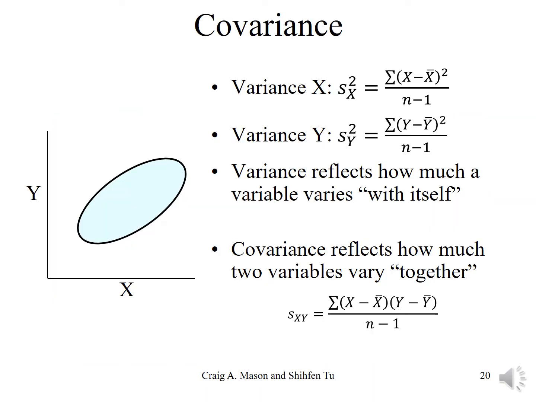Finally, notice that for variance, the notation is s sub x squared or s sub y squared. But because the covariance is calculated on the xy cross products rather than the deviations of x squared or the deviations of y squared, the notation for the covariance is just s sub xy because it's the deviations for x and y and it's not squared.